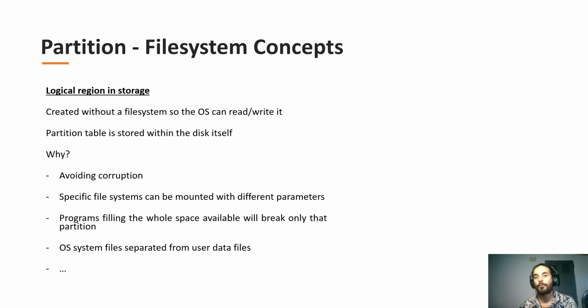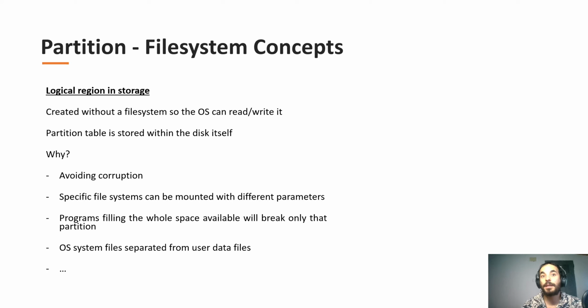For instance, if one file gets corrupted inside a partition, and the whole partition, who knows why, gets corrupted because of that file, the other partitions probably won't get corrupted. So you can avoid corruption among partitions. Only one partition got corrupted, so you don't care. You didn't lose the whole storage device.